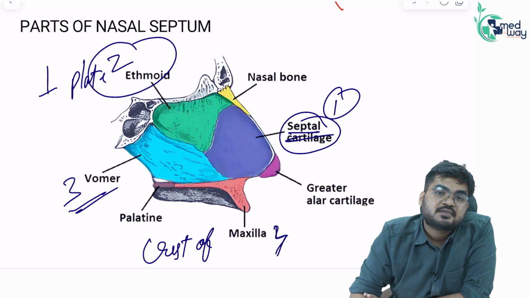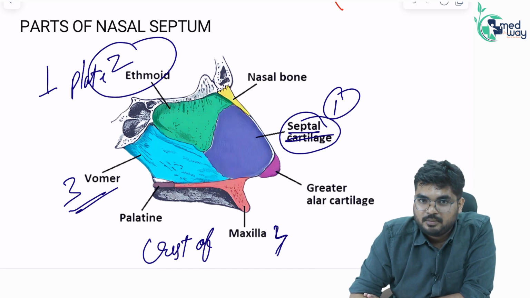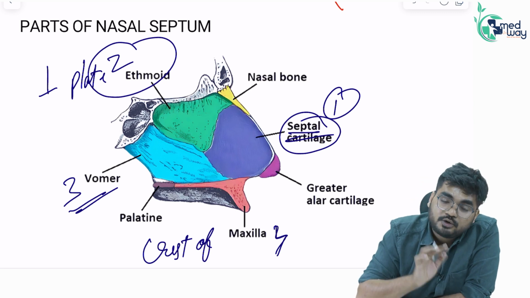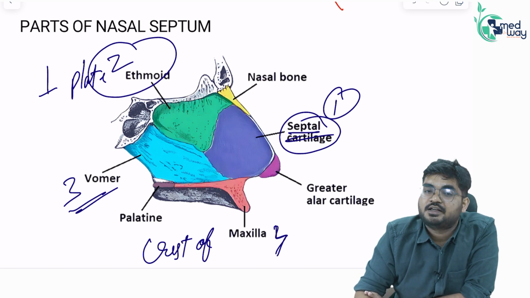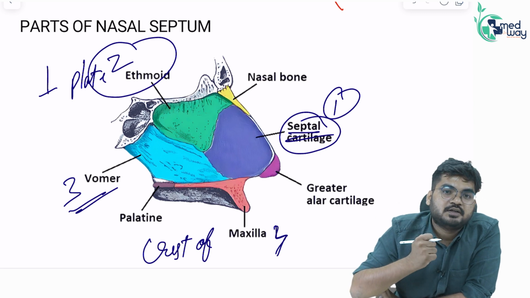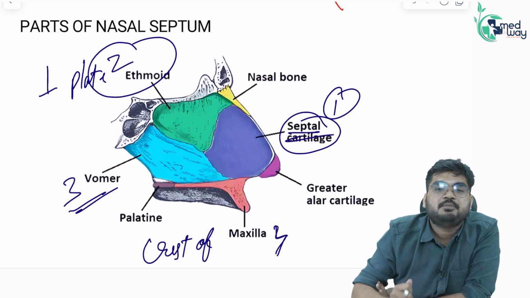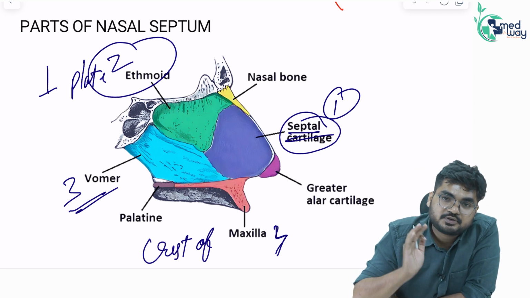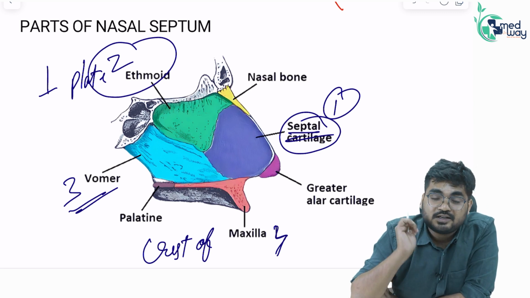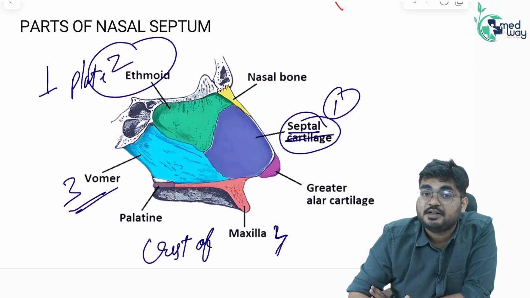But believe me, NB tends to feel that you might not be in that sort of a situation that you are not knowing major parts of the nasal septum. Getting it? NB feels that any aspiring doctor must be knowing major parts of the nasal septum. This is a must know thing. That's why they don't ask major parts of the nasal septum very commonly right now.